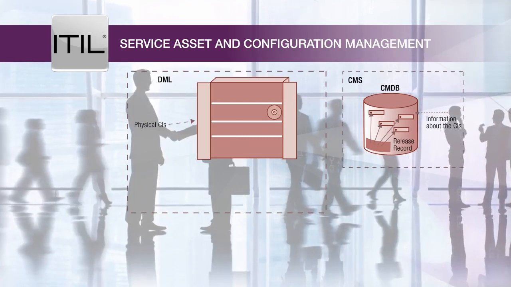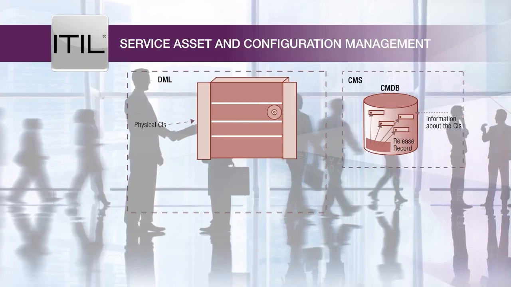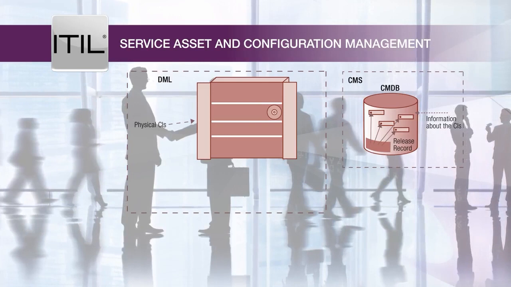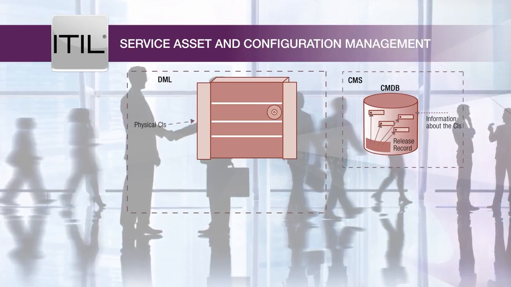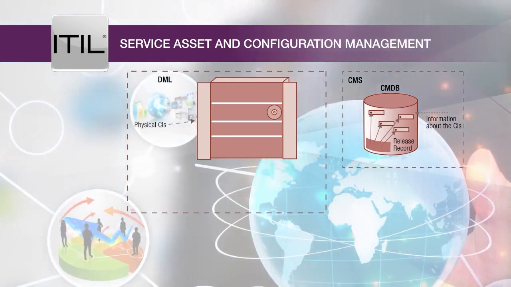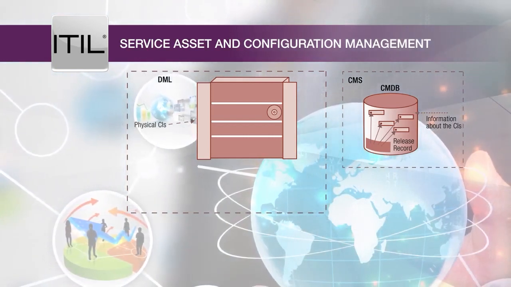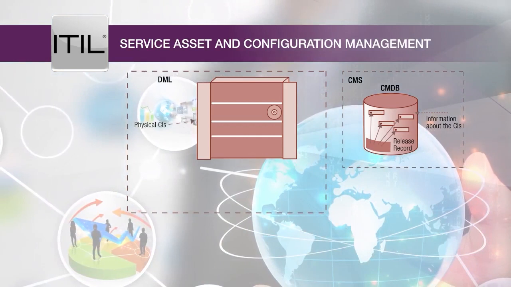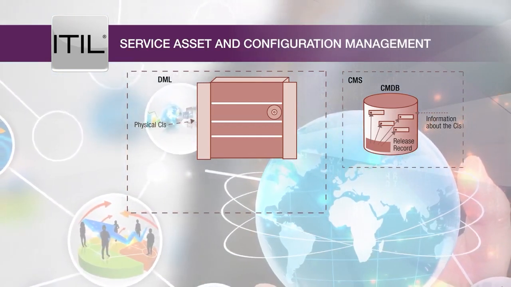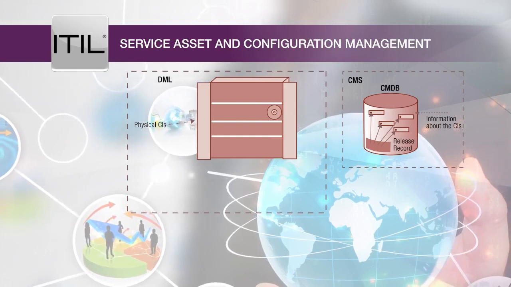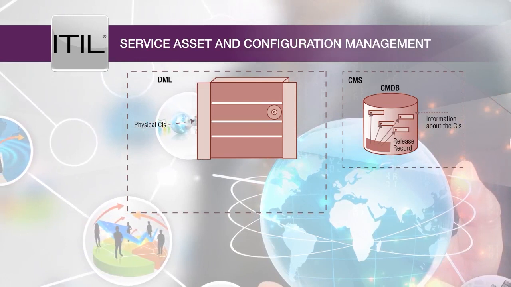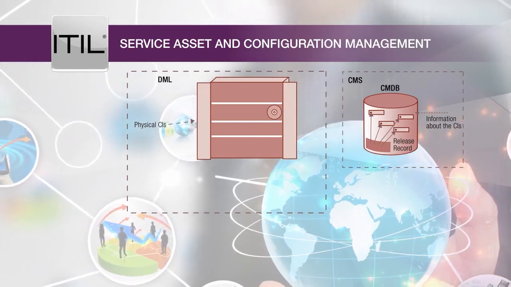The Configuration Management System maintains the relationships between all service components, and may also include records for related incidents, problems, known errors, changes and releases. The configuration management system may also link to corporate data about employees, suppliers, locations and business units, customers and users. Alternatively, the configuration management system may hold copies of this information, depending on the capabilities of the tools in use.